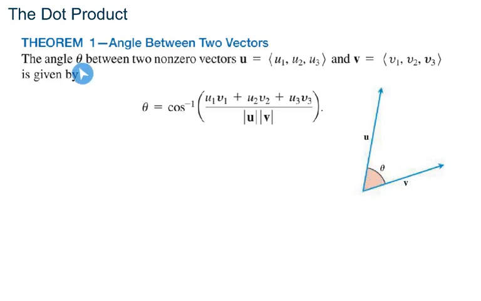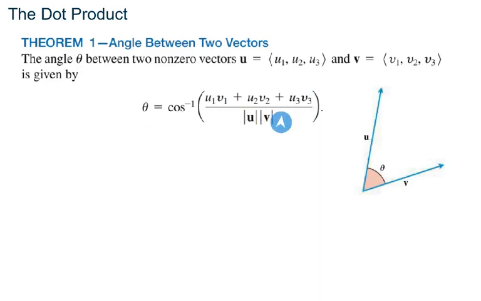So the angle theta between any two non-zero vectors, u in component form, u sub 1, sub 2, and sub 3, as well as v in component form, v sub 1, v sub 2, and v sub 3, is given by theta equals cosine inverse of u sub 1 times v sub 1 plus u sub 2 times v sub 2 plus u sub 3 times v sub 3.